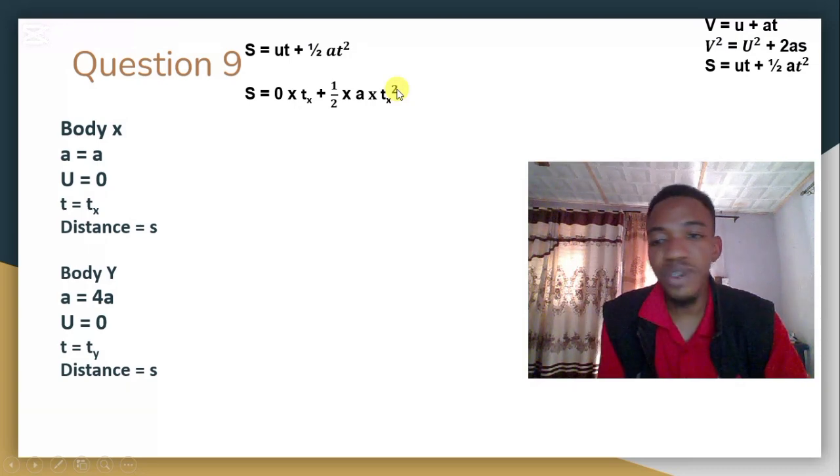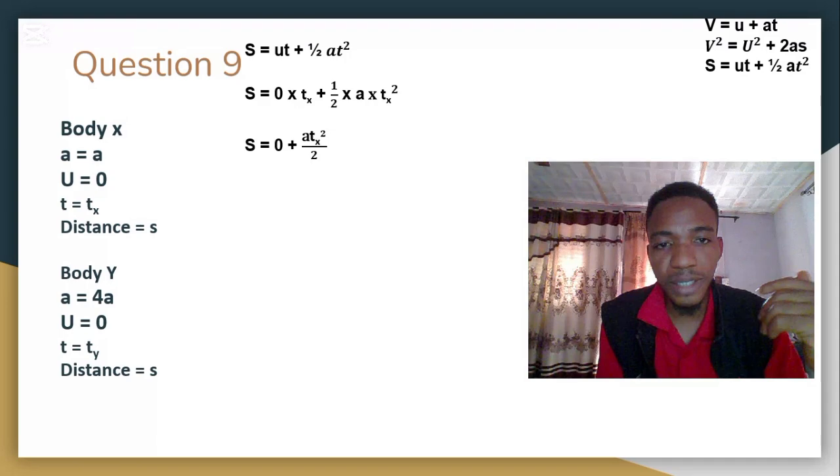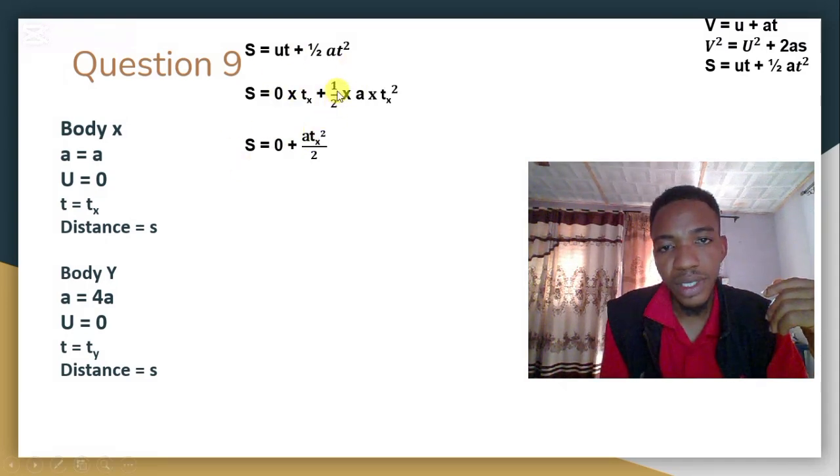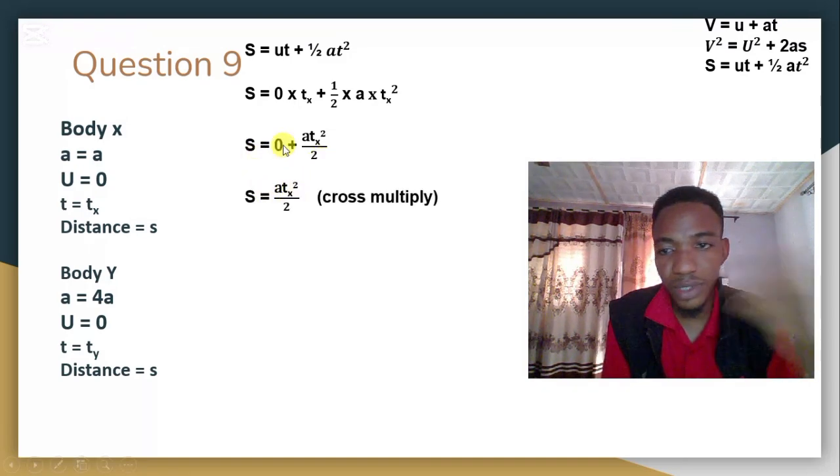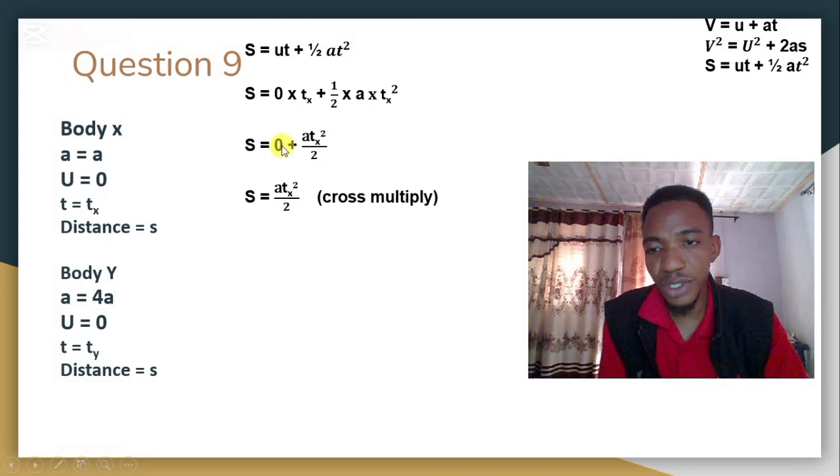So 0 times tx gives us 0. This will be 1 times a times tx squared, everything over 2. So s equals a tx squared over 2. Since 0 is insignificant, we throw it away.